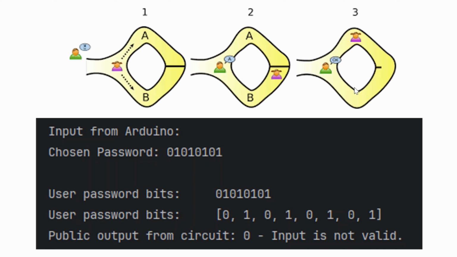So we input the password that the prover can use to open the door. And as you can see, the only thing that the verifier can see is where the person comes out, and that's hopefully the way that he said.